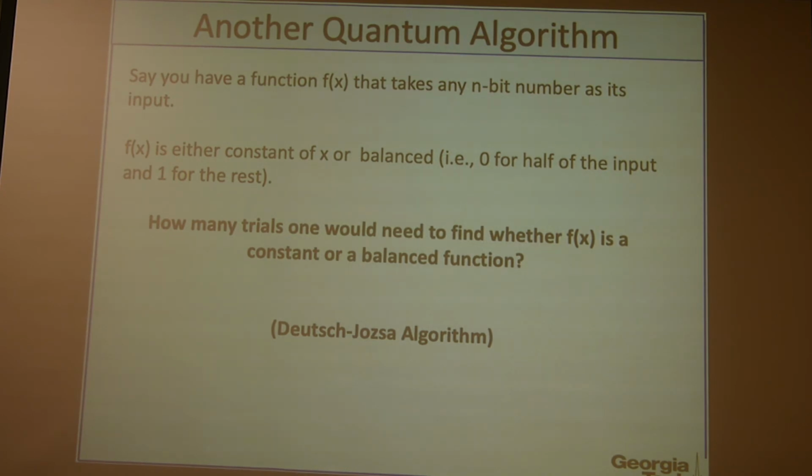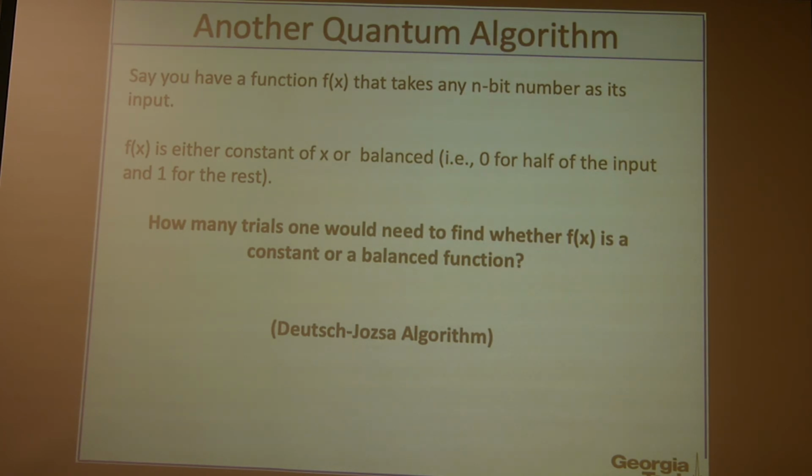So basically, say you have 0 through 7, right? You do 0, 1, 2, 3. So you have input 4 numbers. In all cases, say you have gotten 0. Now then you do one more number, and if it comes out to be 0, then you know that it's a constant function. On the other hand, if the fifth one that you try comes out to be 1, you will know that it's a balanced function.